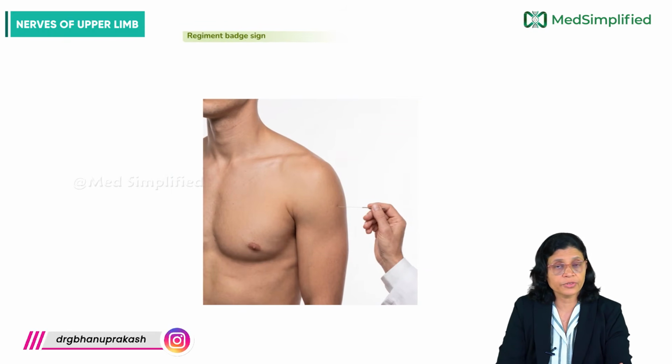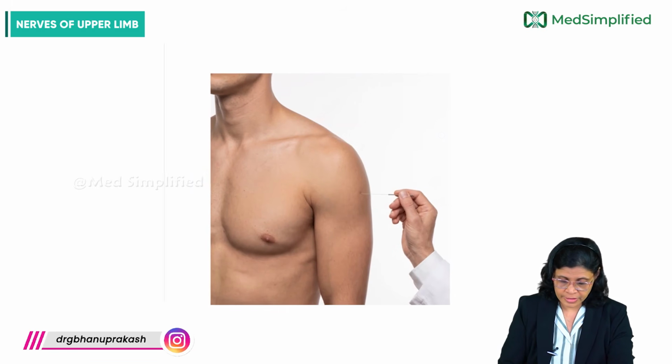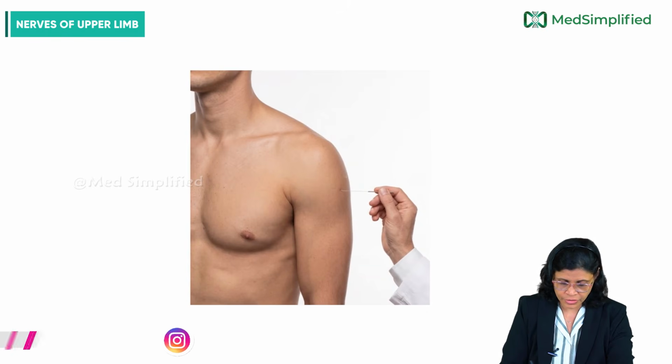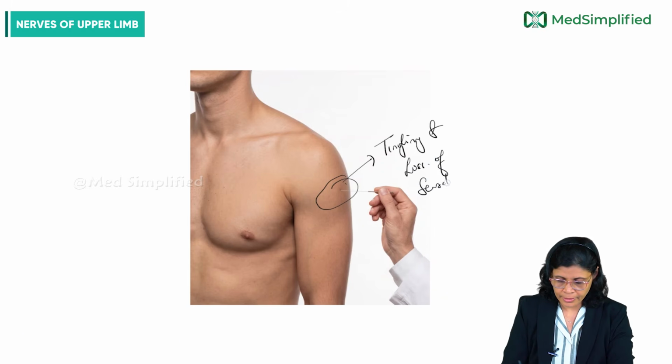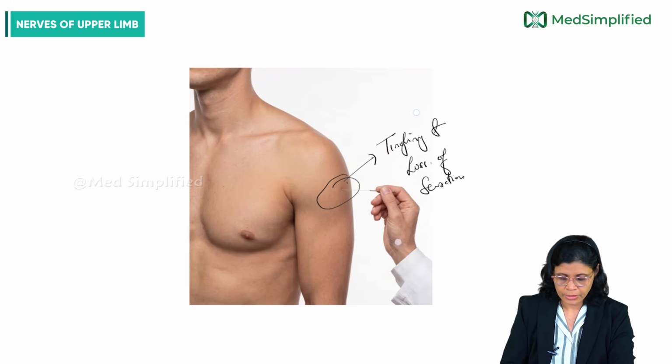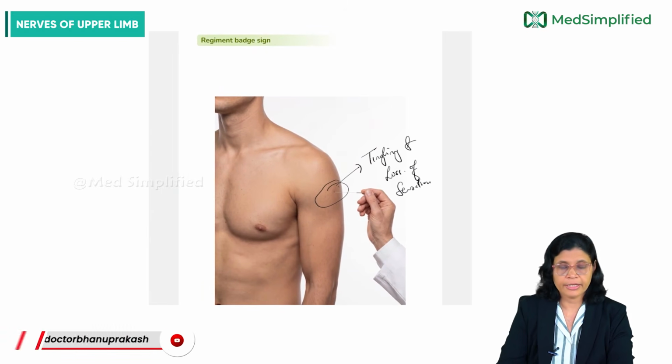Compression of the axillary nerve by this regiment badge results in loss of sensations or tingling sensations in this region, in the upper lateral area. So tingling and loss of sensations will happen in this region, and that we call the regiment badge sign.